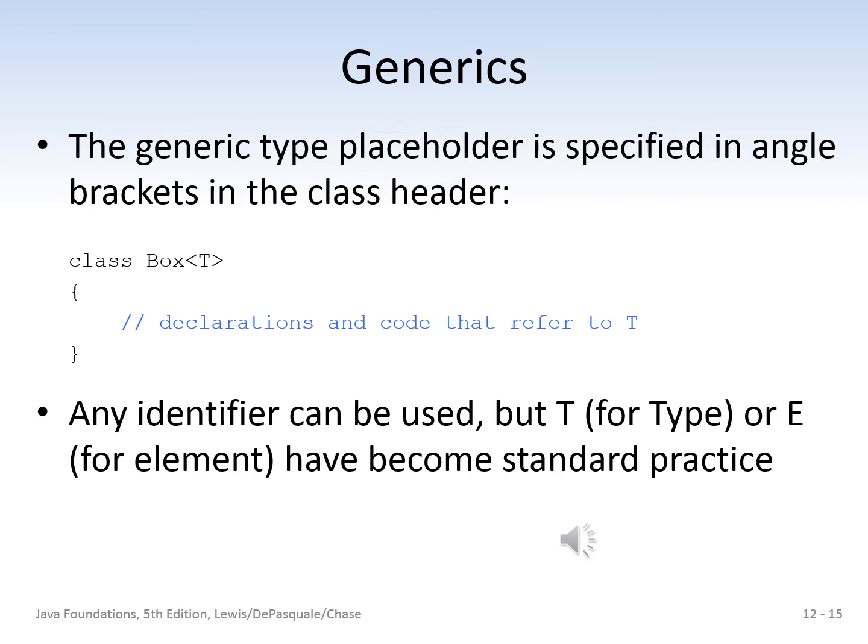So to create a generic type placeholder, we specify it in brackets in the class header. So in this example, we're using T for type, or we could use E for element.